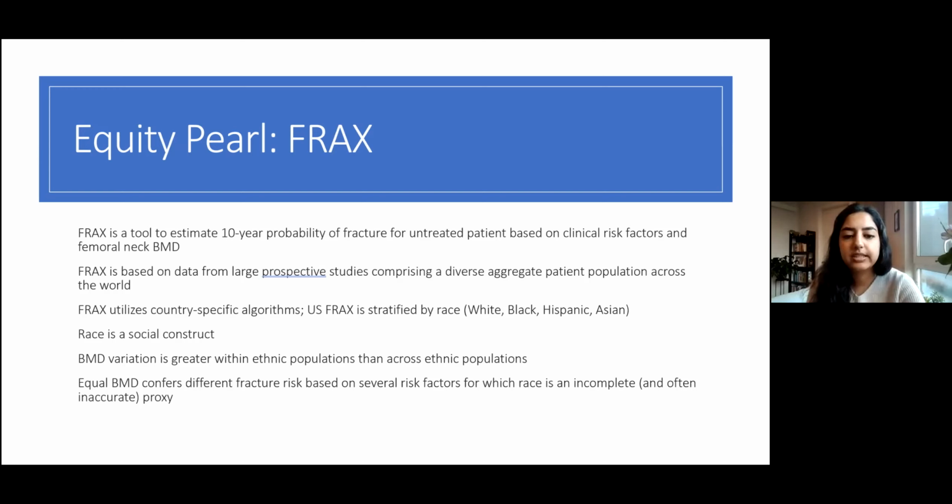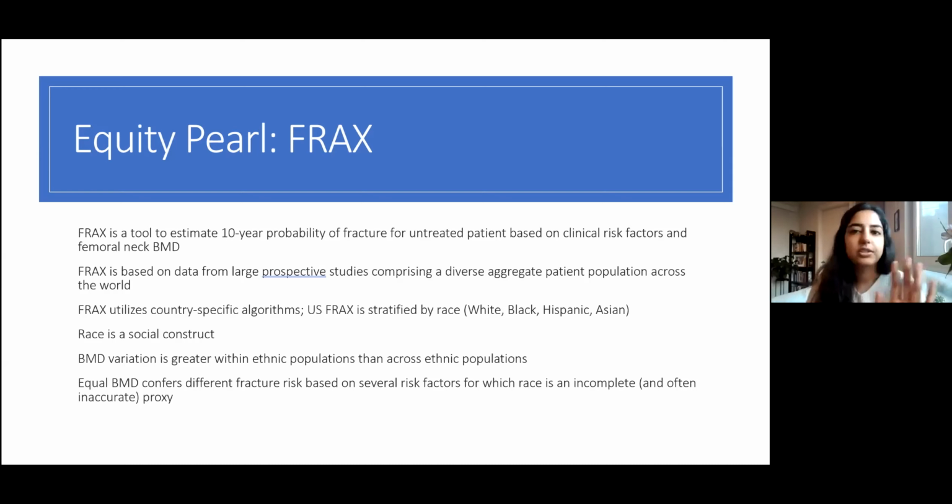So the US FRAX is stratified by the race of the patient. And they use these 4 very broad categories of white, Black, Hispanic, and Asian. Note, there's no Native category, Pacific Islander category.